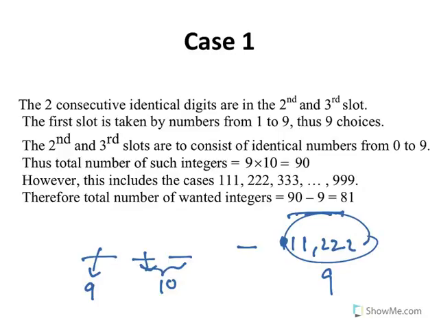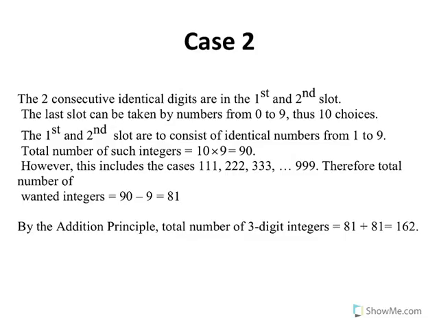And if you think about it, the second case is actually quite similar. If I do not want the same digits in the second and third slot, it can mean I want the same digits in the first and second slot. Again, how many choices do I have?